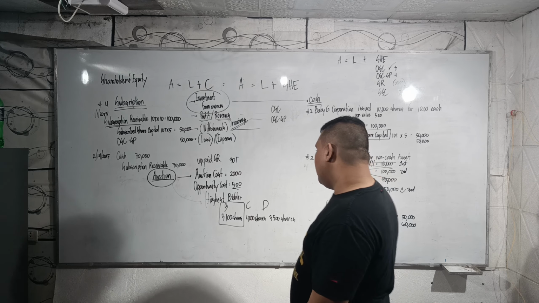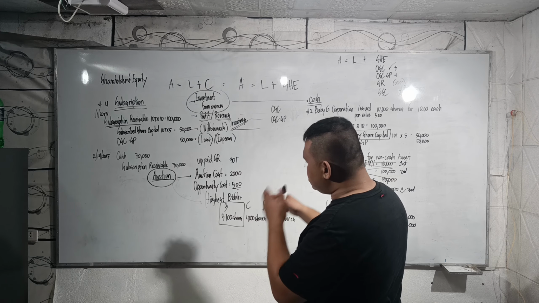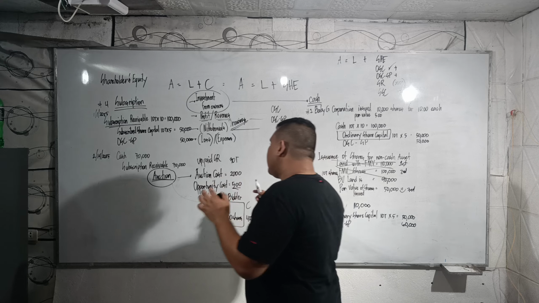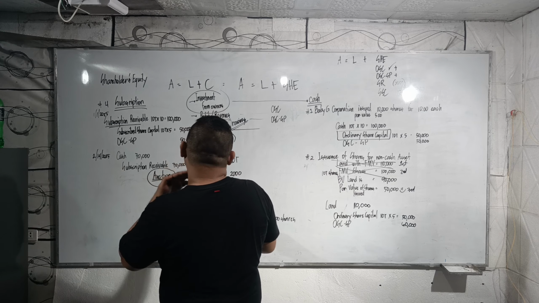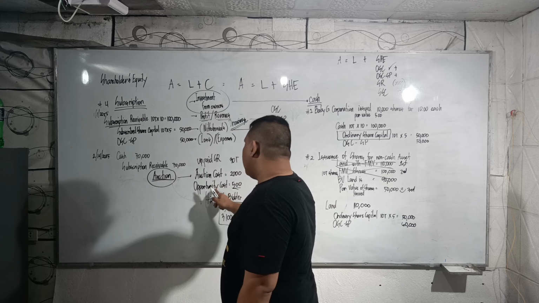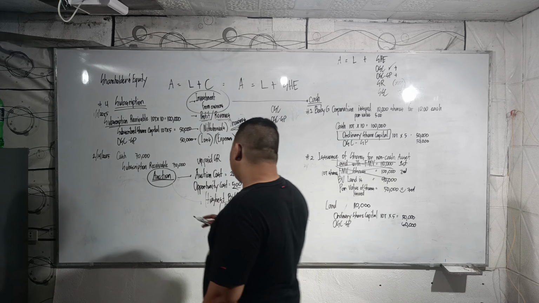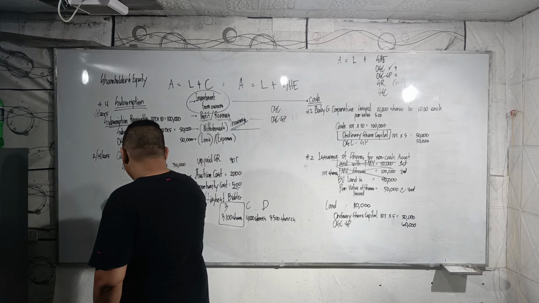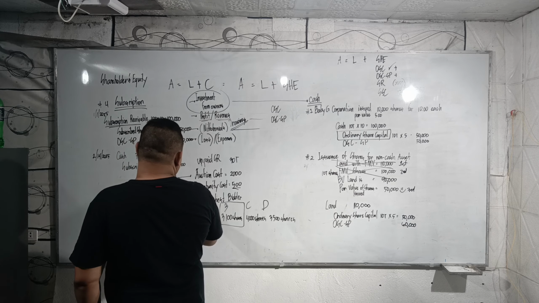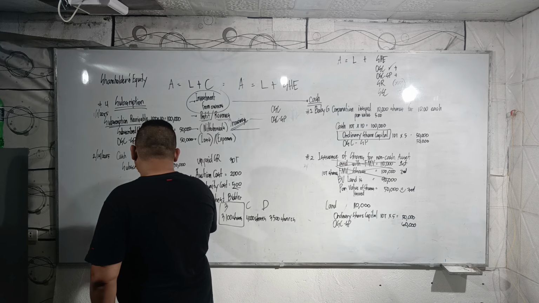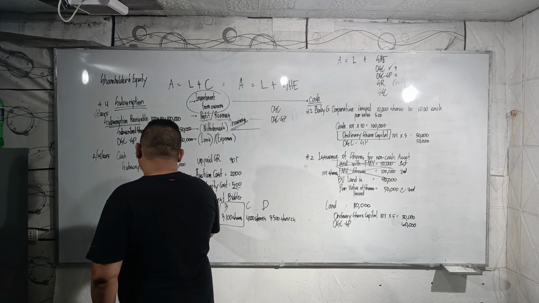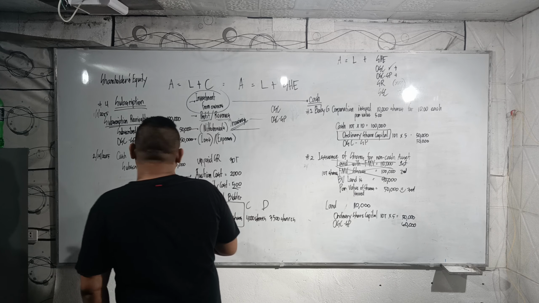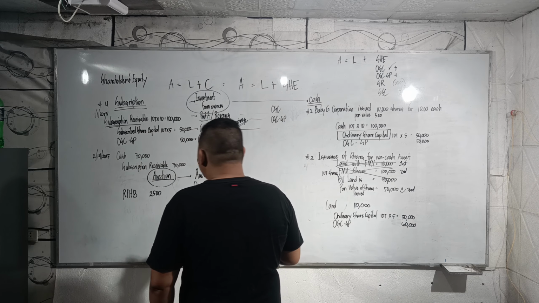Okay? So what will be the entry, sir, if we choose B? Before that, let's make an entry for auction cost and opportunity cost. When you incur this auction cost and opportunity cost, the entry will be receivable from highest bidder, 2,500. Actually, you're going to get those two from the receivable from the highest bidder.